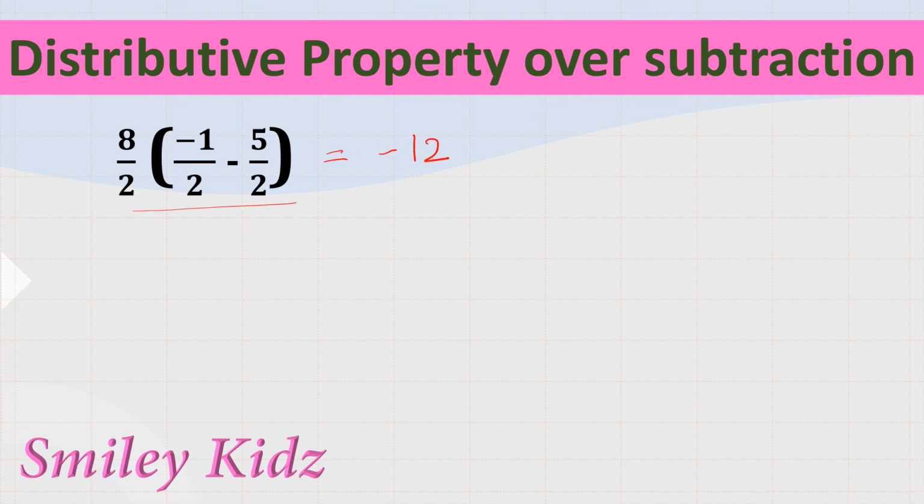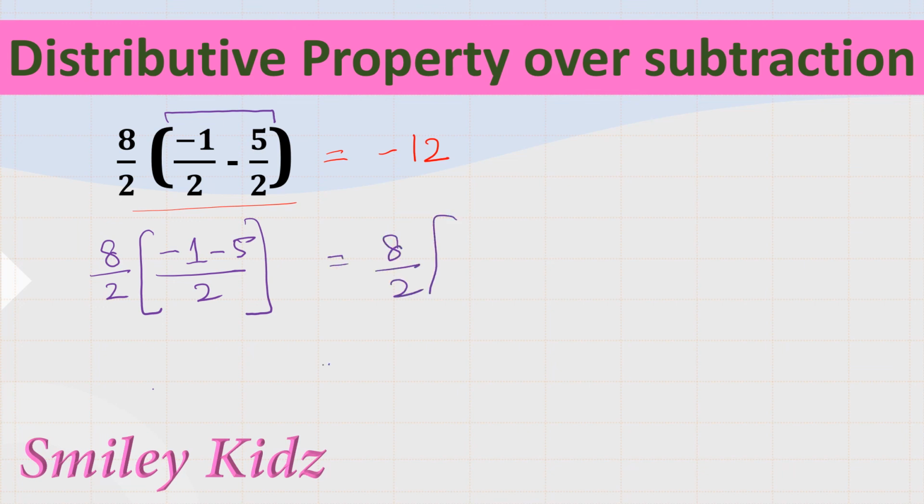Let's cross check. First let's solve the brackets part. 8/2 multiplied by (minus 1 minus 5/2). Here we are having same signs, so we can add and put the bigger number sign, which is equal to minus 6/2. Now we'll be removing the brackets and solving. 8/2 multiplied by minus 6/2.